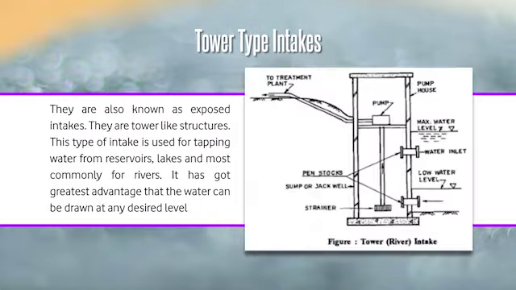Here the water is available at a higher level, and the intake is not submerged in the water, so it is also known as the exposed intake. They are tower-like structures. This type of intake is used for tapping water from reservoirs, lakes, and most commonly from rivers. It has the greatest advantage that the water can be drawn at any desired level.